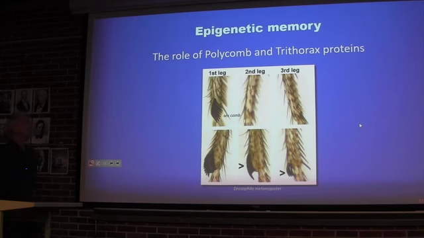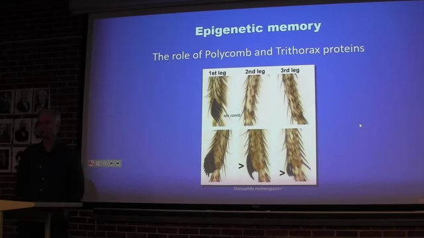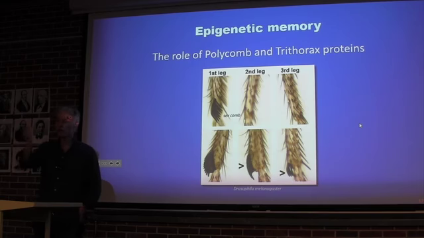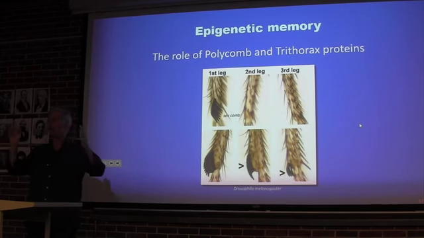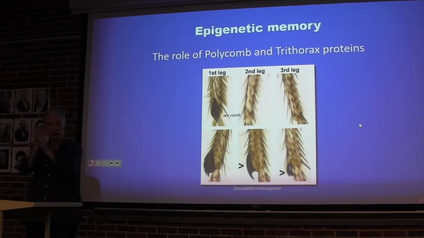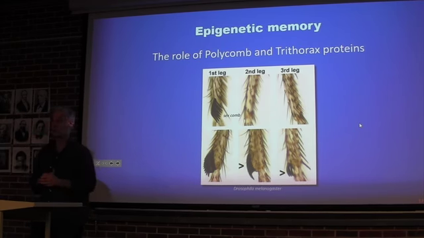Okay, epigenetic memory. This is the ability to remember the transcriptional activation state before the cell divided. When the cell goes through mitosis, you have to condense the chromosomes down into this horrible tangle, and you get rid of most of the control proteins.